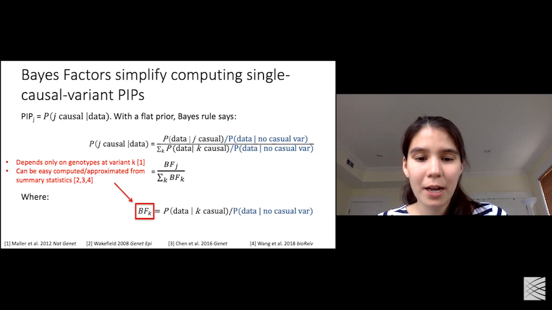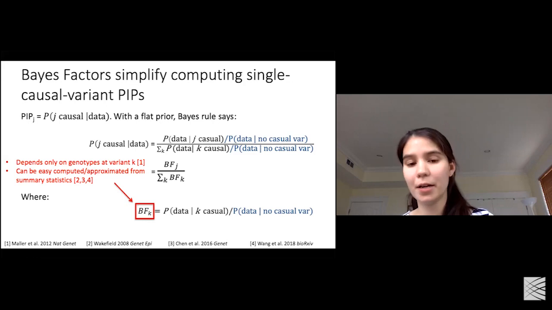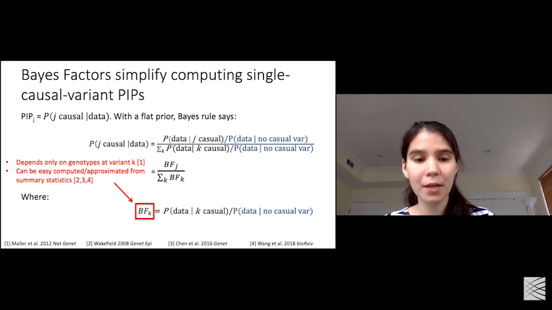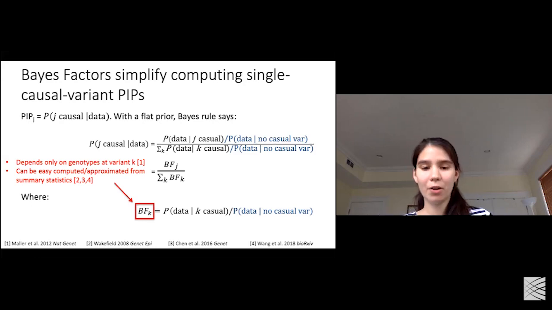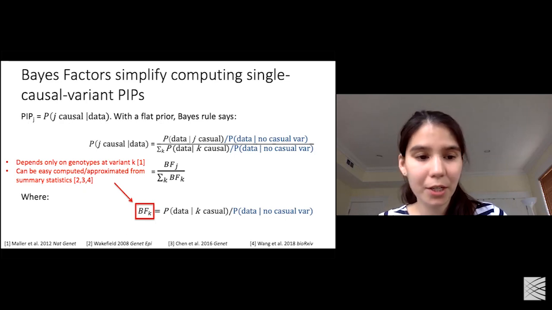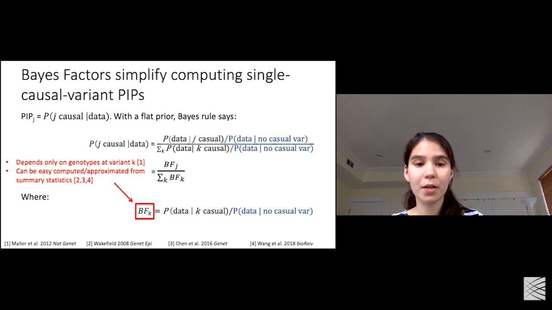And so computing this Bayes factor, you can just go one variant at a time and compute a pretty straightforward transformation of the summary statistics that you've seen. So in particular, this doesn't depend on LD at all, and it is a linear time computation. So this is how, for single causal variant fine mapping, you might compute PIPs.